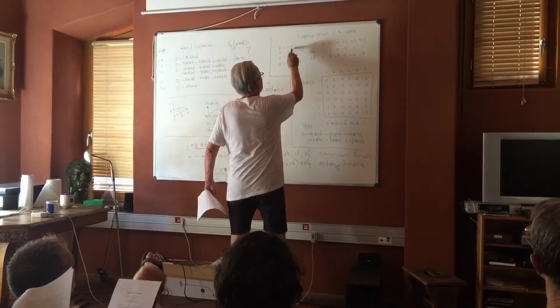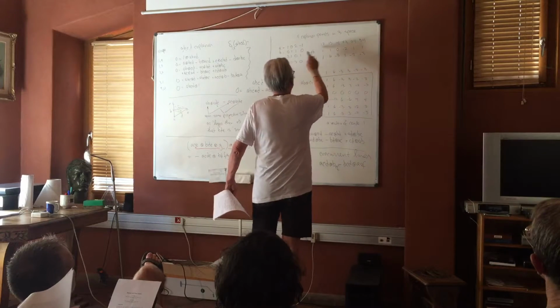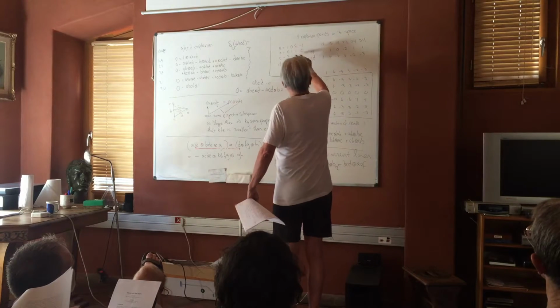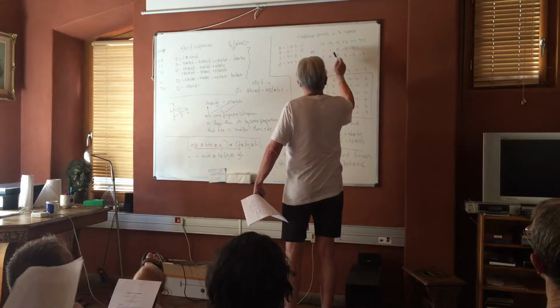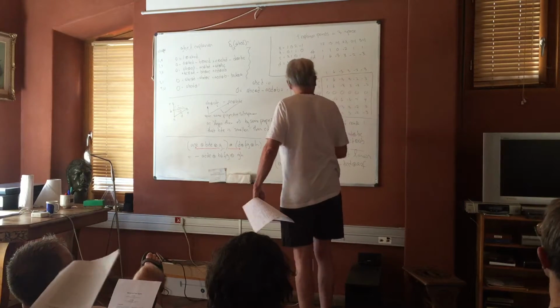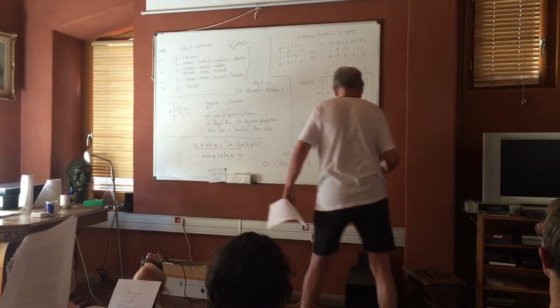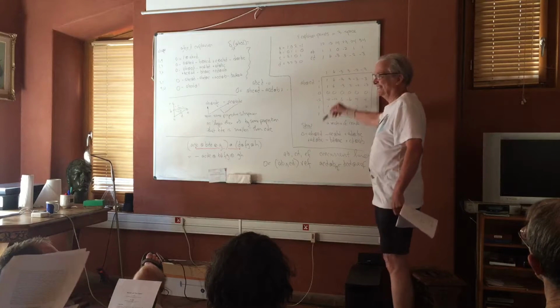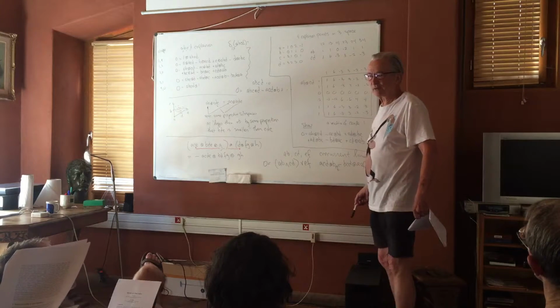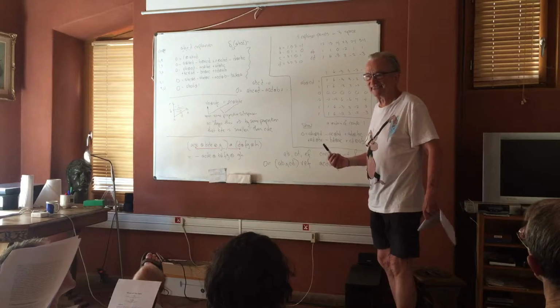This here is this one, etc. So the 2 by 2 determinants are listed here for AB and for CD. Now AB tensor CD is this matrix. You put AB here and CD here and you multiply. Now how many of you know that?